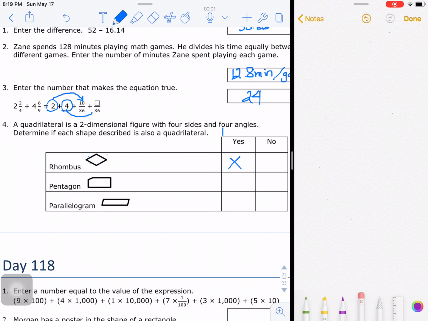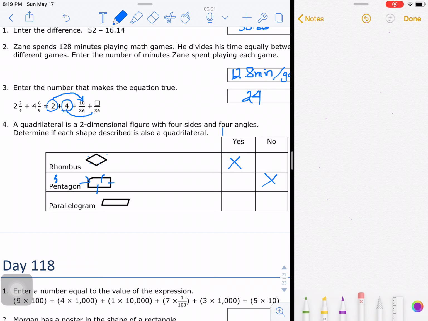The pentagon, so if we look at the name pent, we know that pent means 5, but let's just confirm this here. 1, 2, 3, 4, 5. Yes, that's a 5-sided object, so it is not a quadrilateral. Remember, it just takes one thing to not follow a rule for us to be able to eliminate it.